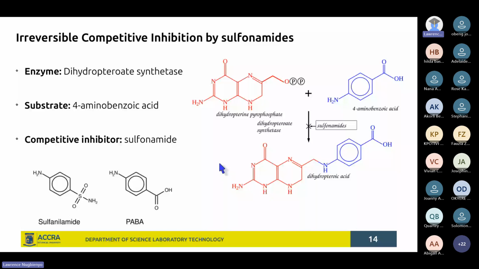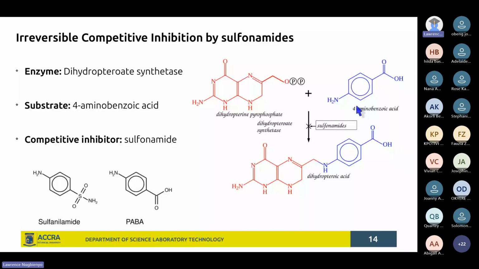Now, this is a competitive inhibition. And clearly, what is the enzyme that is being inhibited? The dihydropteroate synthetase. Now, what is the substrate that the inhibitor is competing with? The substrate is the para-aminobenzoic acid.